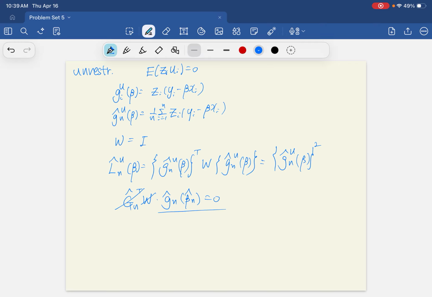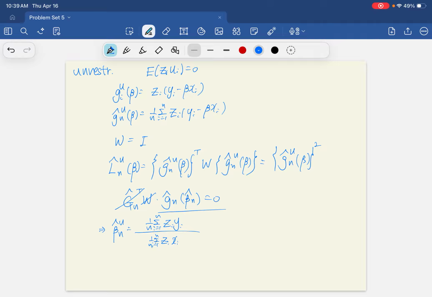So we only have this. As a result, the unrestricted estimator can be written as sum of ZiYi divided by sum of ZiXi. That is the unrestricted estimator.